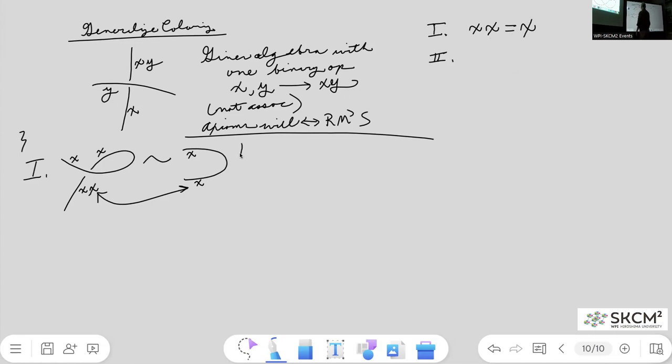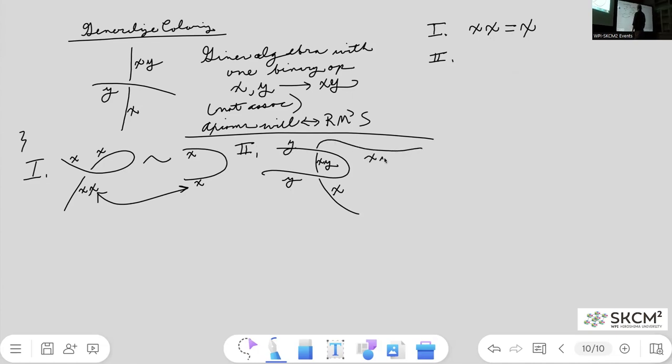What about Reidemeister move number 2? Well, you're coming along labeled x and you meet a y, and then this becomes x times y. And then you meet y again and you come back out. And so you get xy multiplied by y.